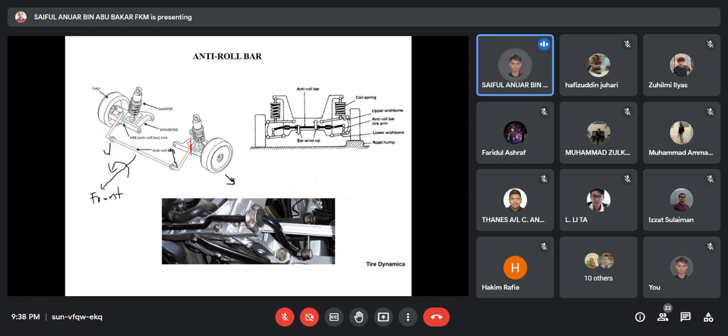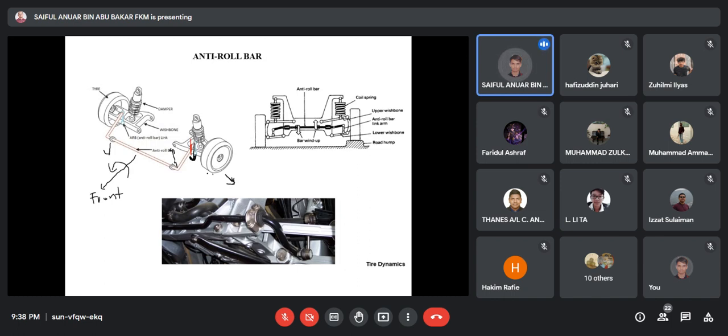When this goes up, it pushes down, action and reaction, Newton's law. So it pushes down on this lower arm. Whenever your car is rolling out, the wheel on the other side is pushed down, which prevents the car from having excessive roll.